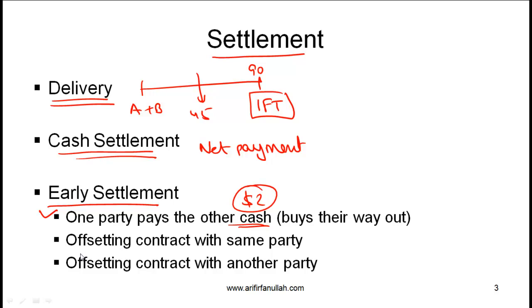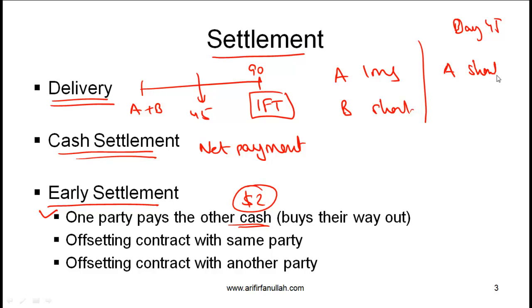Another situation is where party A and B get into an offsetting contract. So in our example, A had taken a long position, B had taken a short position. So in an offsetting contract, what can happen is on day 45, if A wants to get out, A and B can get into another contract where A now takes a short position and B gets into a long position.